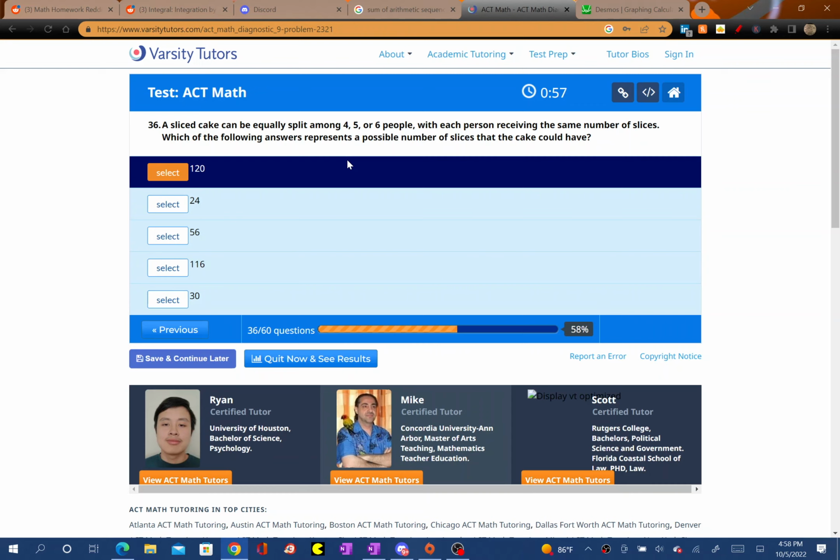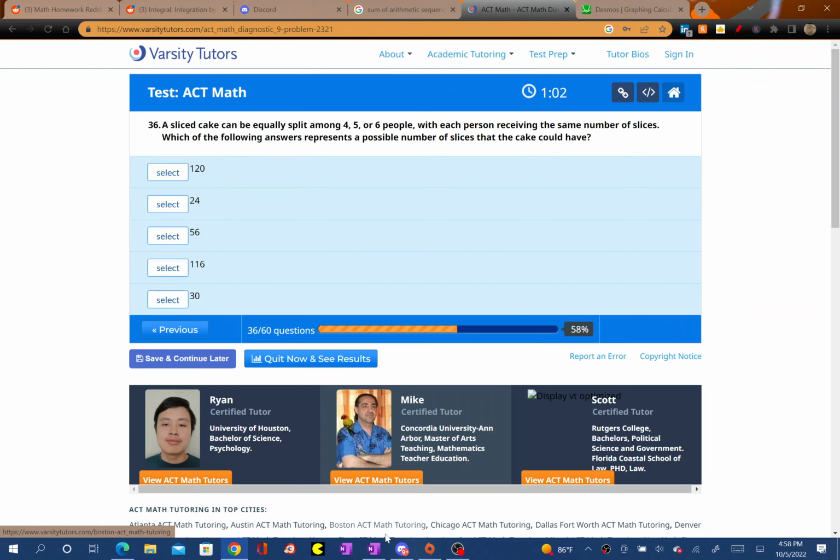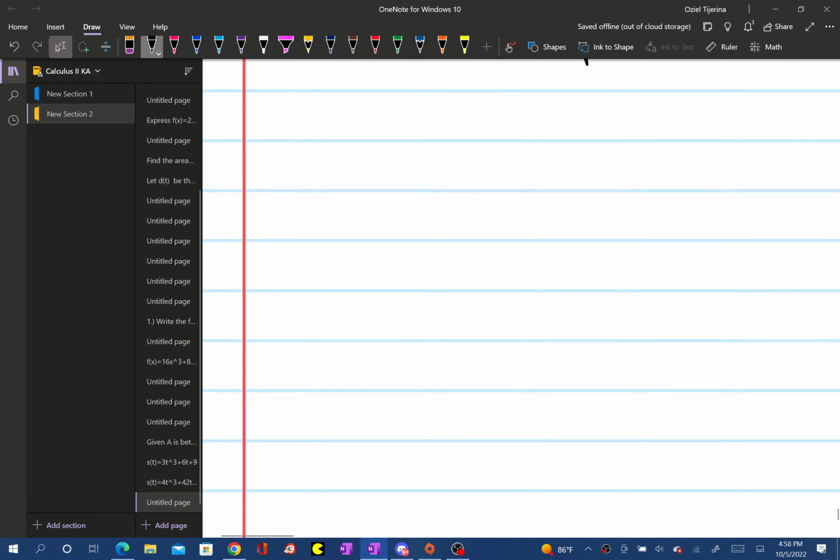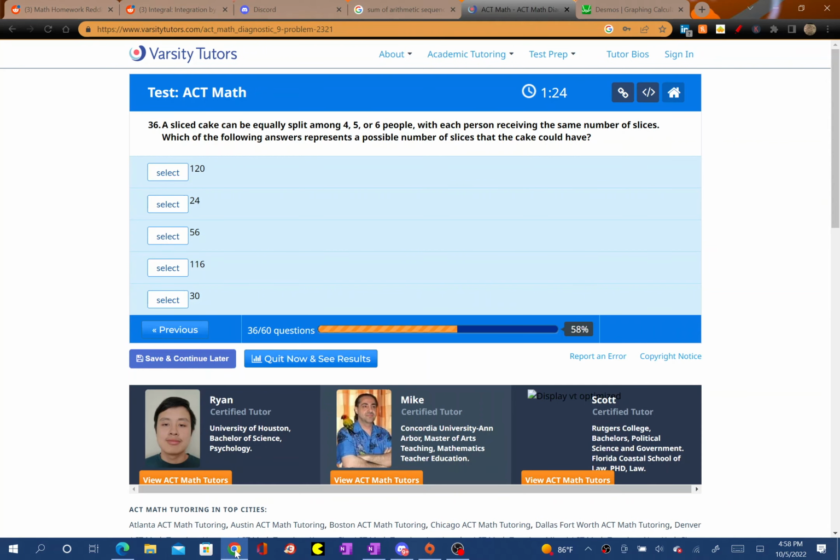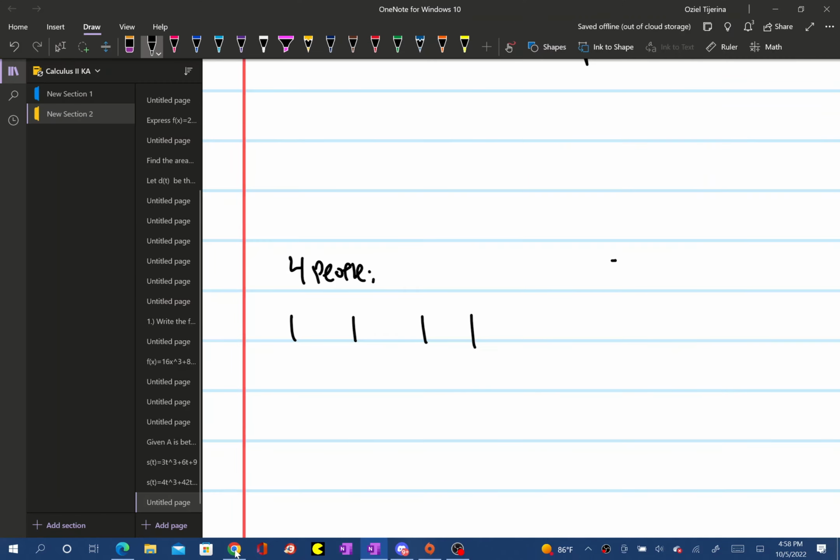With each person receiving the same number. So if I had 4 people, I'm gonna try to work this out. I can do 1, 2, 3, 4 slices, right? If I had 5 people, I can do 1, 2, 3, 4, 5.